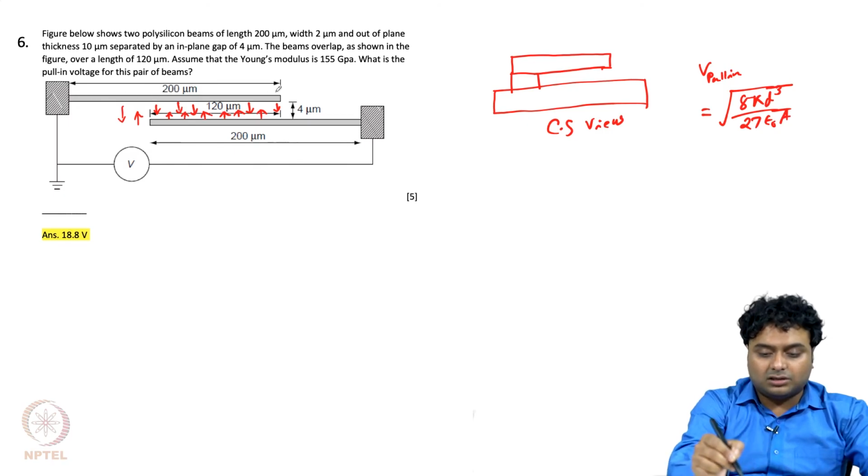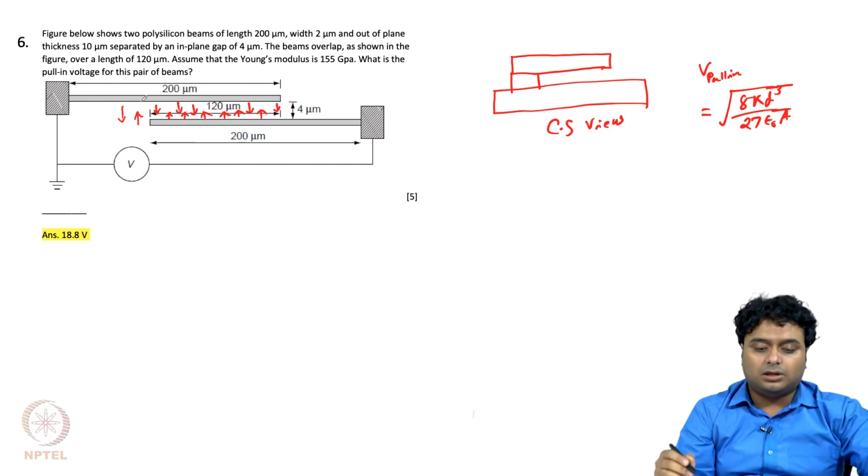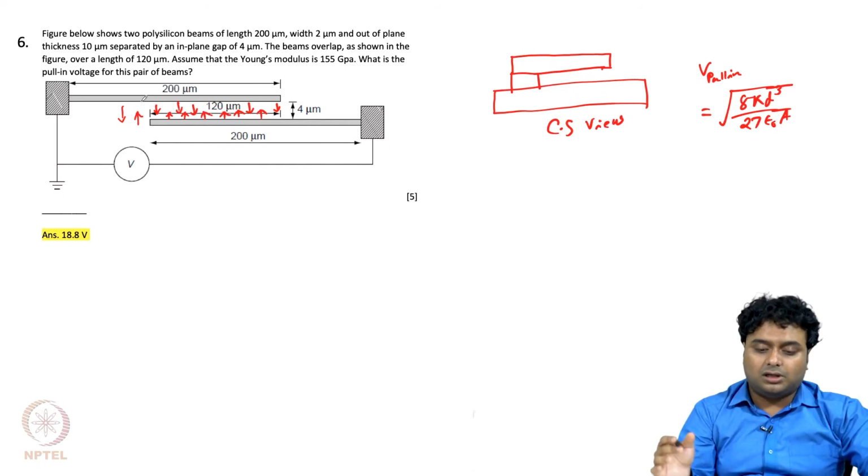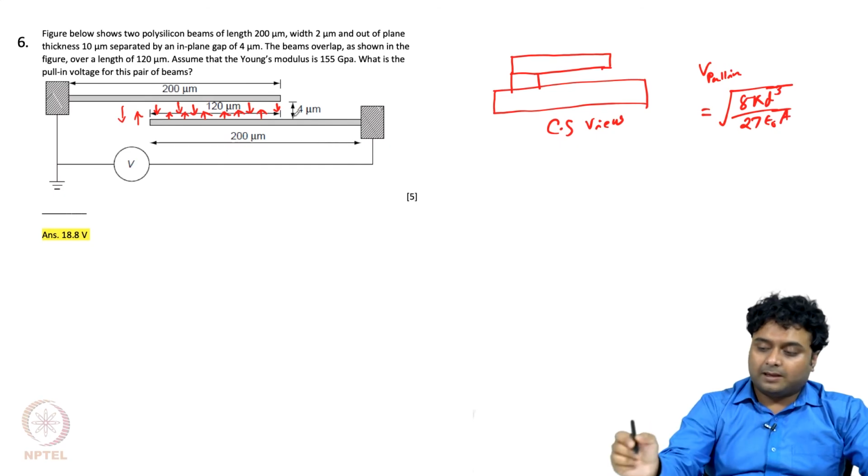Like 200 micron is the total length, 120 micron is overlapping, and 80 micron it is not. So in that 80 micron there is no force. So it is a distributed load for only a part of the beam, but for simplicity of calculation we will assume that it will be a transverse load for the full beam, okay.